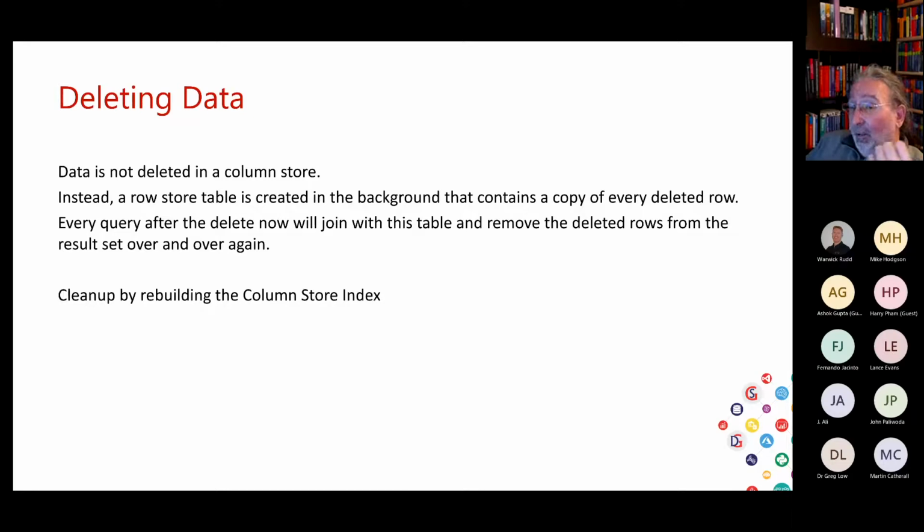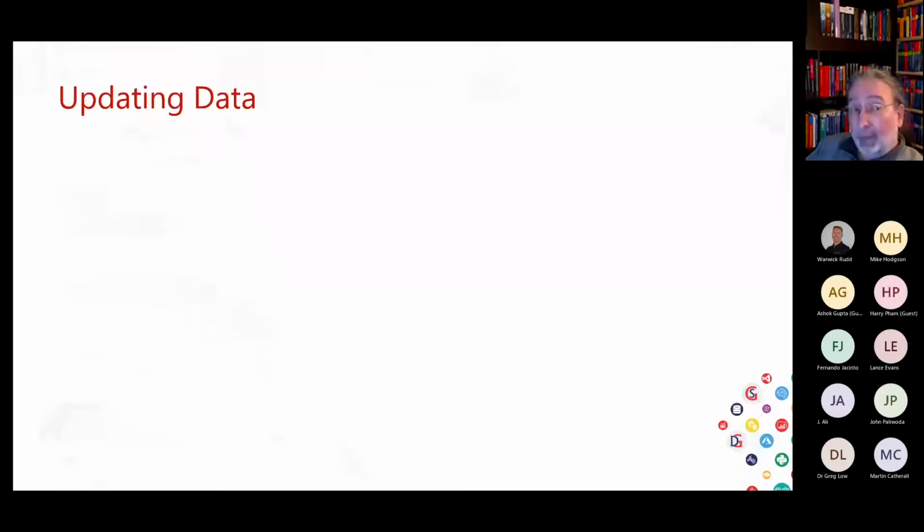So just imagine you insert row by row and then you delete every row. You now have to basically read two tables, join, merge, union them together with an empty column store, kind of, to just not get any row back. Yeah, so that's almost like the worst case scenario. You think it can get worse.